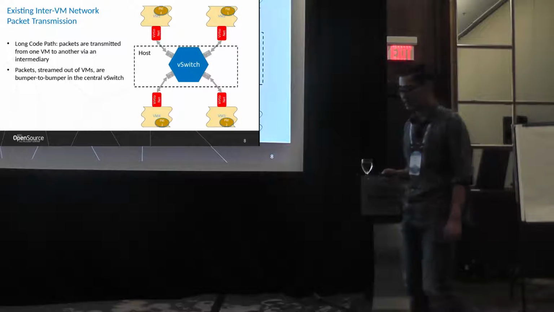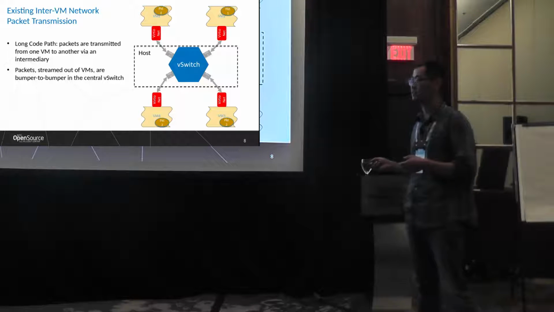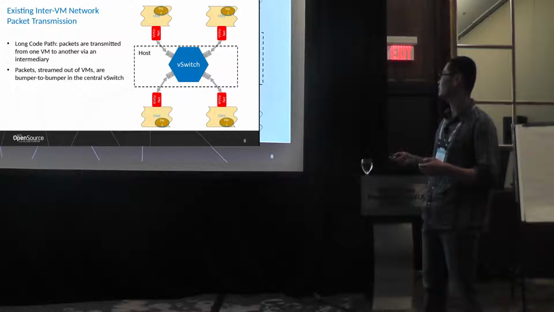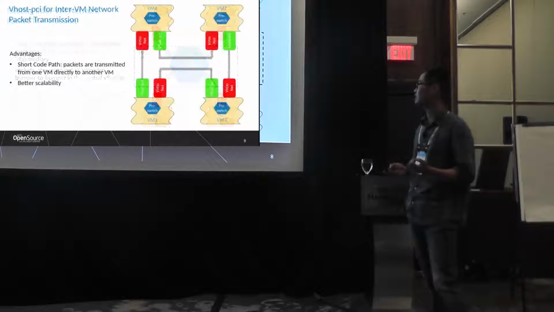This is actually not scalable, because if we have more VMs connecting to this central vSwitch, it becomes a bottleneck, and the throughput will drop significantly. I will show you the results in later slides.